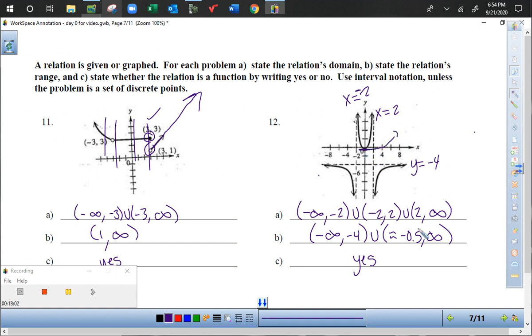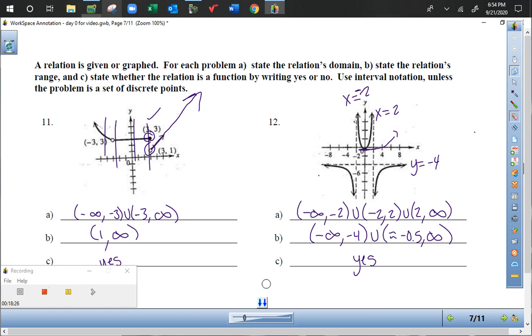Now, you'll notice I put an approximately here because the graph isn't super clear on what that value is. Looks like it dips below the x-axis, but I'm not really sure by how much. So in the case of something like this, I want you to say just approximately and give me your best guess.